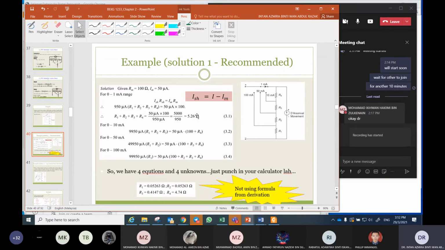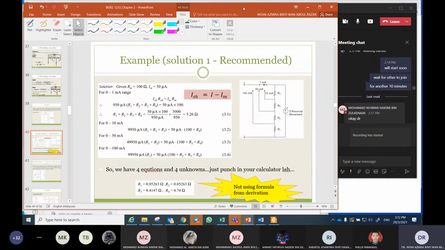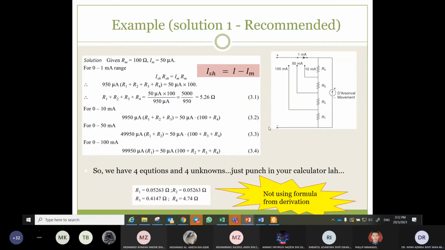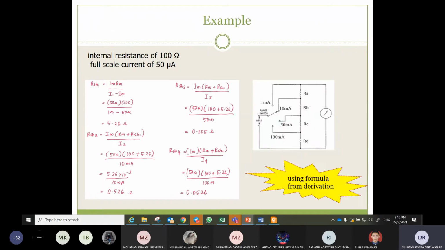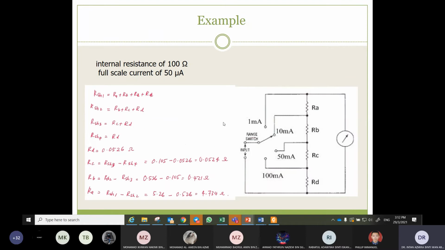Usually not 4 equations of 4 unknowns, because we consider the limitation of some calculators. So this solution 2 uses the formula from the derivation, just substitute.